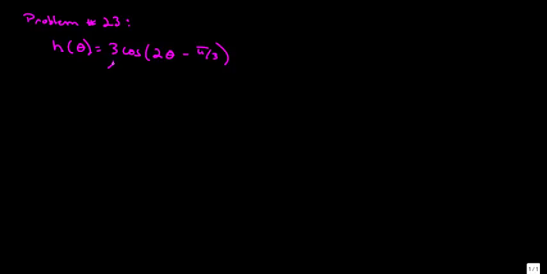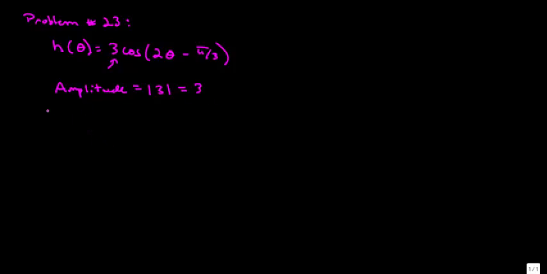The value out front is the amplitude, the absolute value of that. So our amplitude is the absolute value of 3, which is just 3. Remember, absolute value asks us how far away from 0 we are.